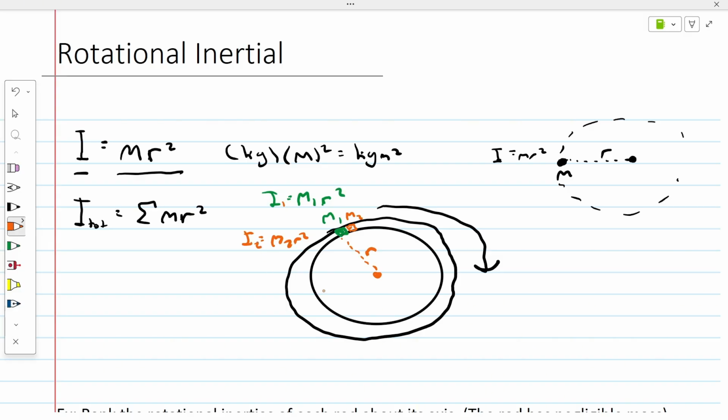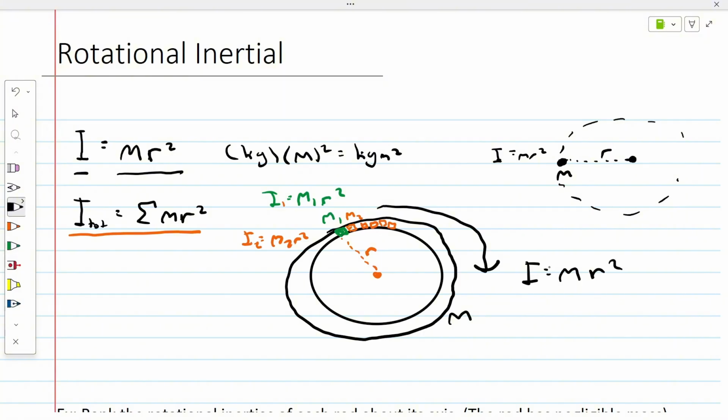If we wanted to find the rotational inertia of this whole ring that's rotating, we just have to sum up every infinitely small point. If we did that, we would get this equation right here. The rotational inertia of a ring simply will equal the total mass of the ring, we'll say m, times the radius squared.